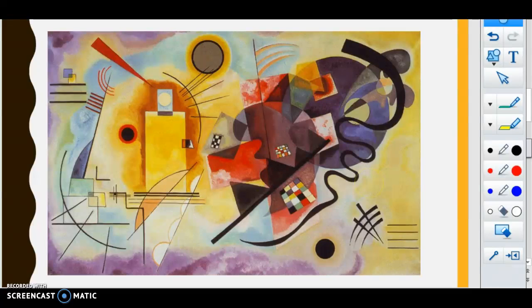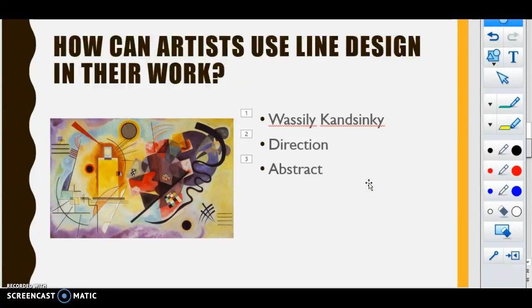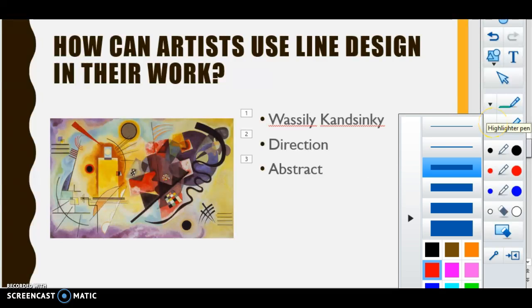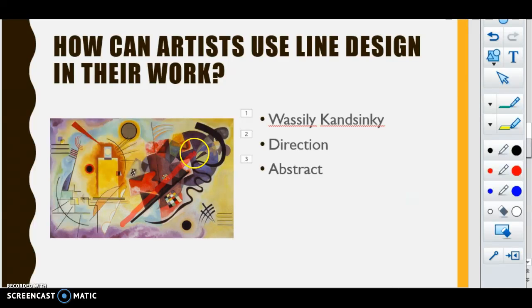So let's talk about why and how artists can use these lines in this work. Well, like I said, this is an artwork done by Wassily Kandinsky. It is showing direction. So these lines aren't just for random purposes. They want your eye to go across the page versus staying in a certain area.